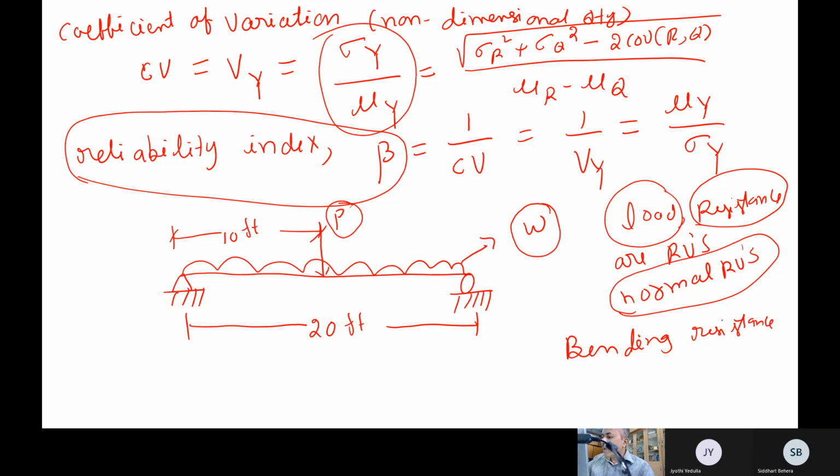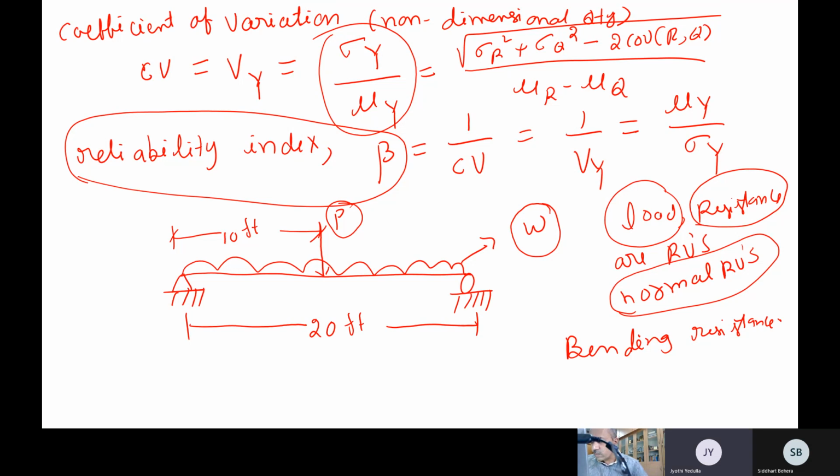What do you mean by failure here, like in the previous problem we have seen?